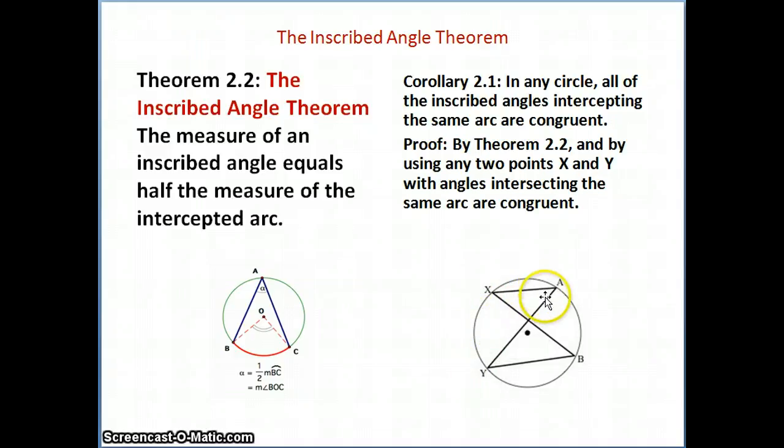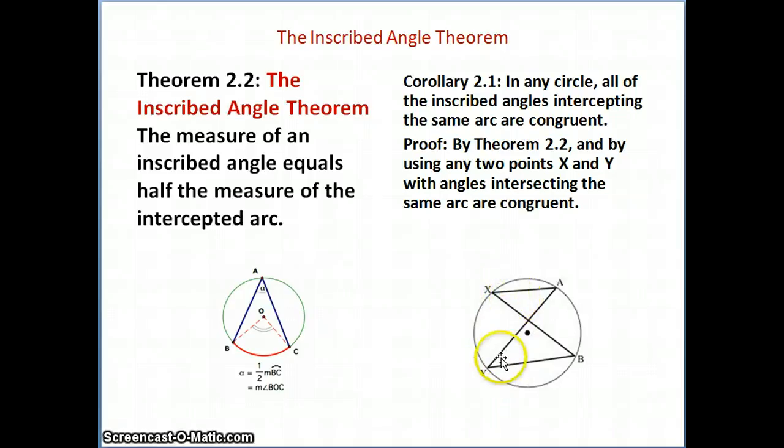So angle A is half of the measure of XY, and also by 2.2 again, angle B is half of the measure of XY. If both of them are half of the measure of XY, of course angle A and angle B are congruent.